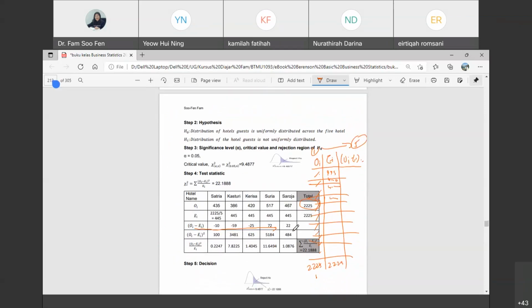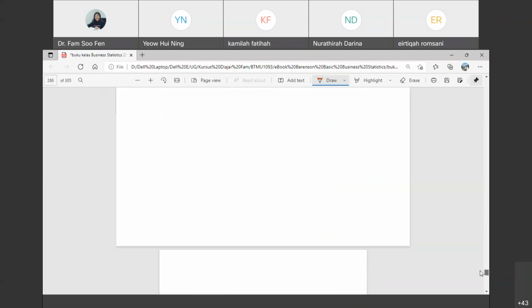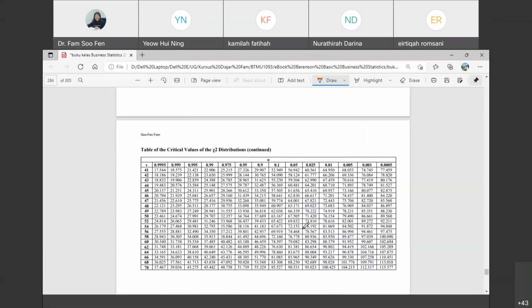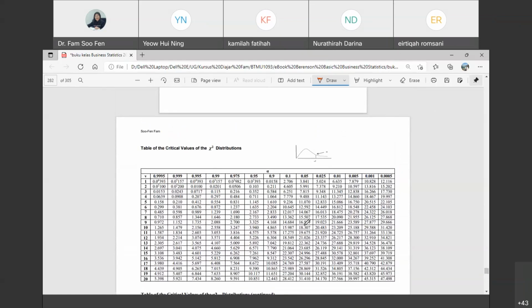Next, you want to read how to get the 9.4877. So we go to the chi-square table. For 0.05 and 4 degrees of freedom, we come to here, this one.